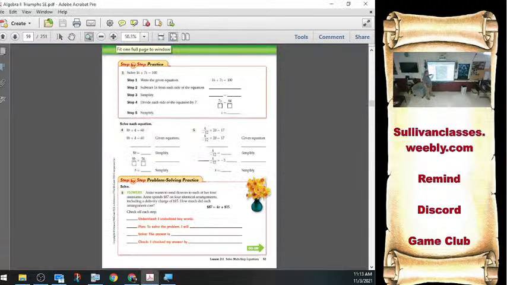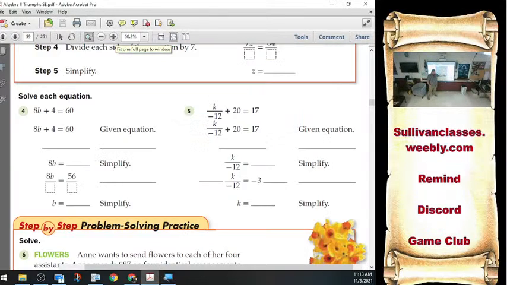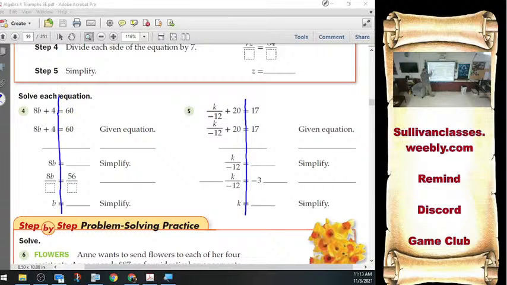Okay. Now, these have all the steps written out. You just got to fill in the blank. Just like we already did, I recommend that you throw that invisible force field right down the middle there to make sure you're doing the right thing. Try these too.